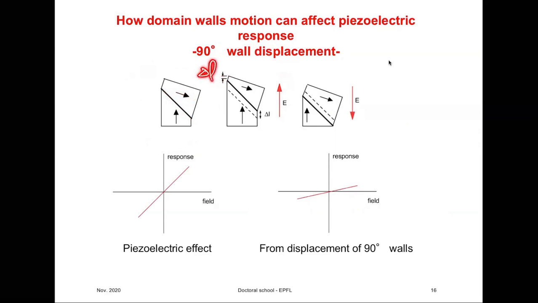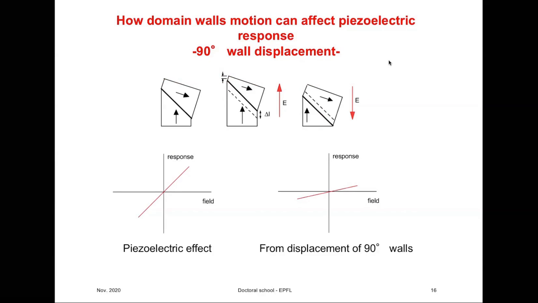and the crystal will change its dimension, its size, by some factor delta L. If I apply the field in this direction, then I will move this domain wall down by basically the same amount, but it will be minus delta L with respect to this one. I'm not drawing this nicely, something like this, where this is above this line and this is below this line.